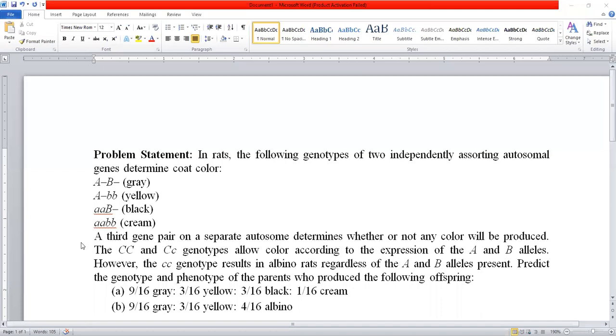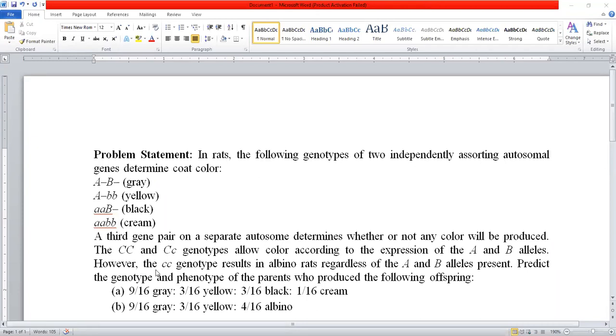If the genotype is capital C capital C or capital C small c, the genotypes allow color according to the expression of the capital A and capital B alleles. So the presence of the dominant C allele will produce color according to the combinations of capital A and capital B alleles, which is given above here.